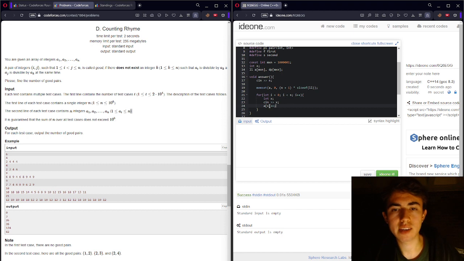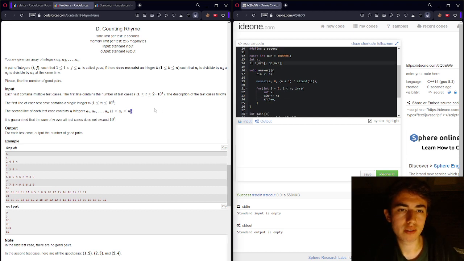Alright, so we're just counting. A is going to be holding for each value how many values that we inputted have that value. Right, so it's not actually the A in the problem, but whatever. And then now we'll just do the DP like I said.